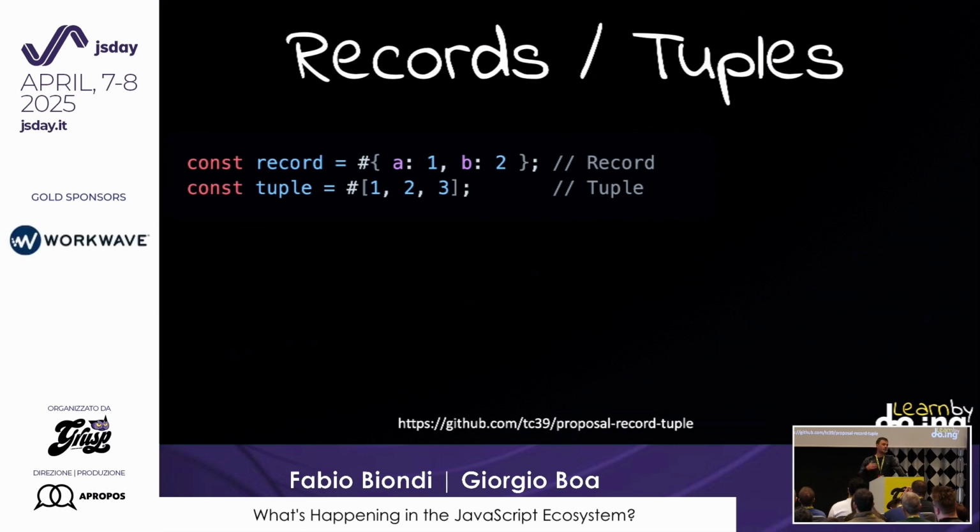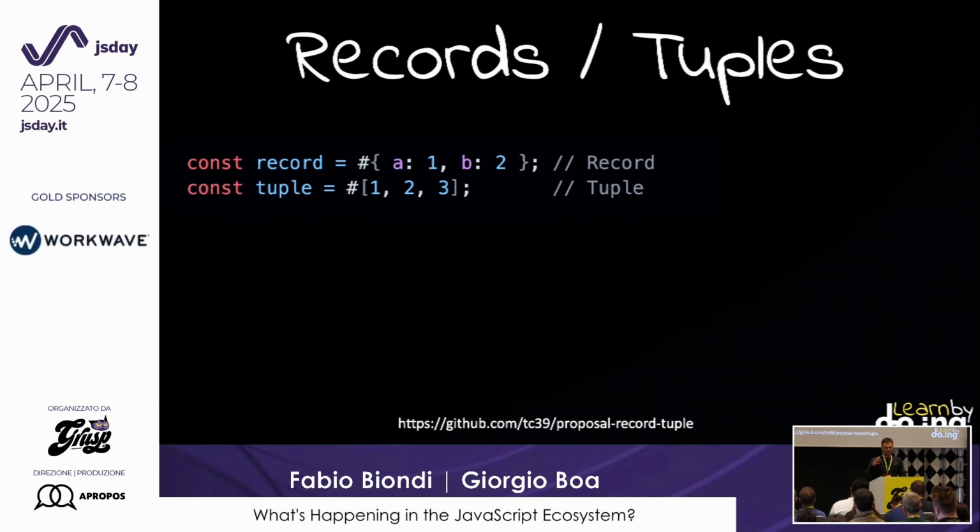A record is more or less an object, but it's not an object, but a deeply immutable primitive value. And the tuple is more or less the same. Even if it's not the most important feature, there is one thing that surprised me positively.